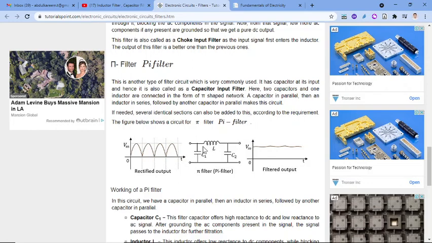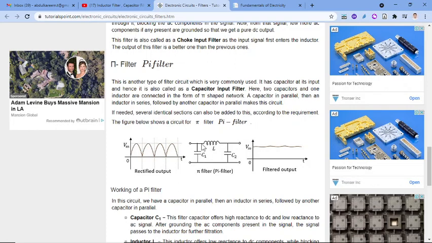Another filter is the pi filter, that is, the capacitor input filter. The two capacitors and the inductor are connected as a pi, therefore it is known as a pi filter. The circuit design is shown here. When the rippled output comes from the rectifier, full wave or half wave, the AC component passes through this capacitor.